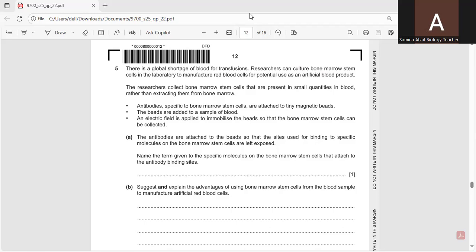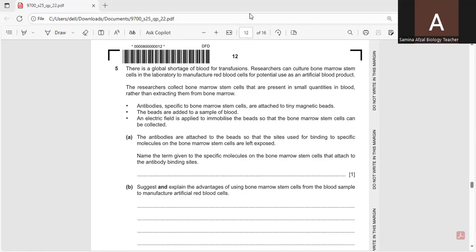So antibodies specific to bone marrow stem cells are attached to tiny magnetic beads. The beads are added to a sample of blood and an electric field is applied to immobilize the beads so that the bone marrow stem cells can be collected. The antibodies are attached to the bead so that the sites used for binding to specific molecules on the bone marrow stem cells are left exposed.